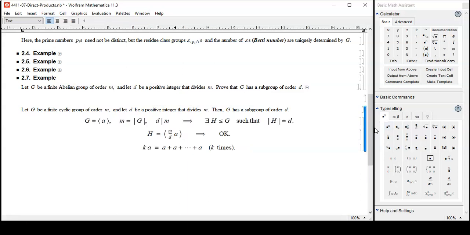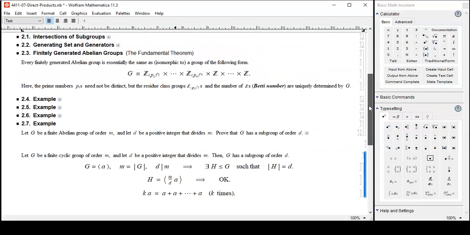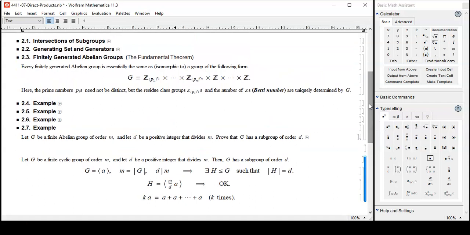We did it already, and if you're unsure, you can always go back to lesson 4 or lesson 6 and restudy that. Now let's come back to the original problem. Let G be a finite abelian group of order m. If you go back to the fundamental theorem, the Betti number is 0. We don't have any of those. If we do, then we no longer have a finite group.